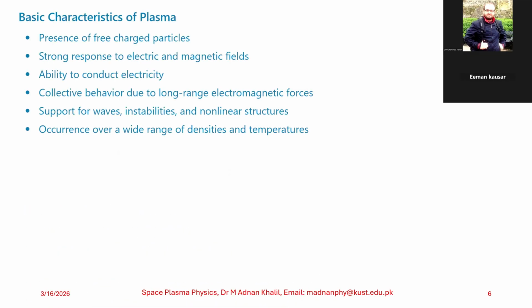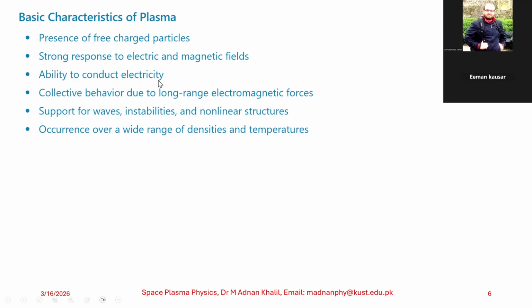Now, once we are in a position to understand the plasma state, some basic characteristics of plasma follow. The first is the presence of free charged particles, the first ingredient required for a gas to be termed plasma. Second, a strong response to electric and magnetic fields: charged particles can only be influenced by electric and magnetic fields, so fields are necessary ingredients in plasma dynamics.